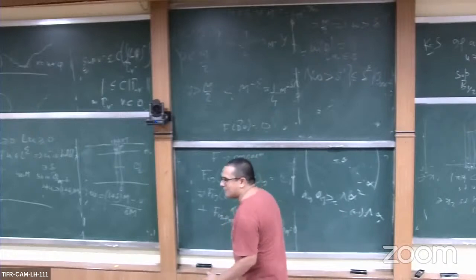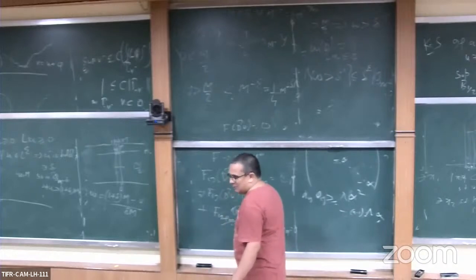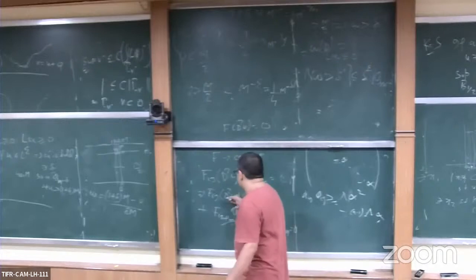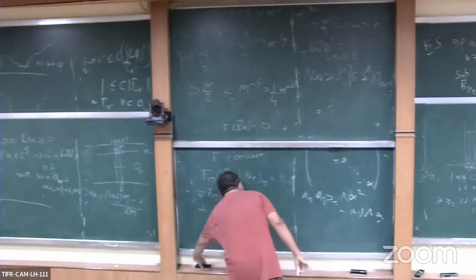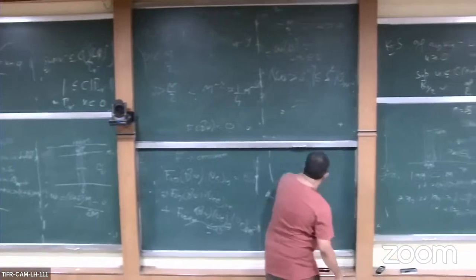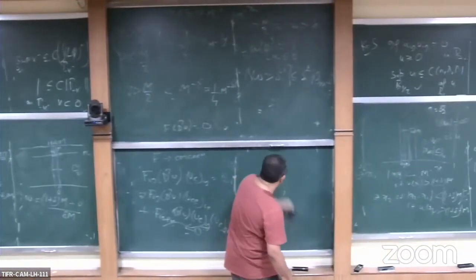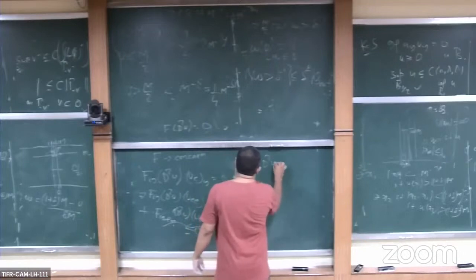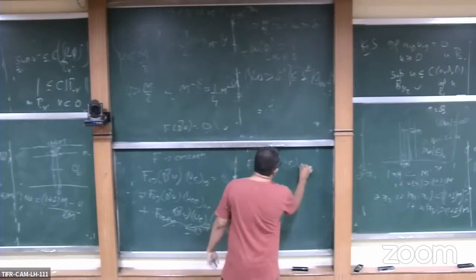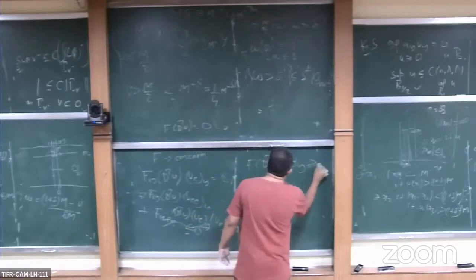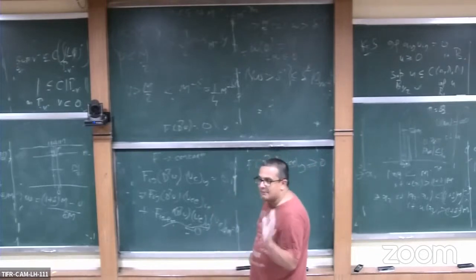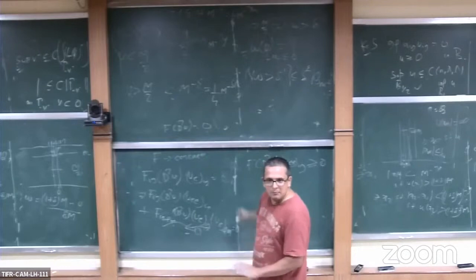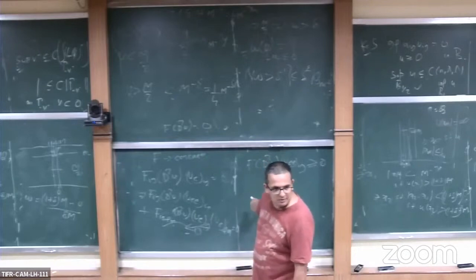But if the sum has to be equal to 0, then this better be bigger than or equal to 0. So what I have is that F of d square u, u_eeij is bigger than or equal to 0. So pure second derivatives are subsolutions, right? Clear? Pure second derivatives are subsolutions. Clear?